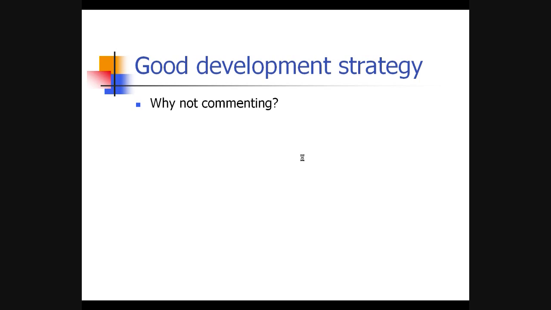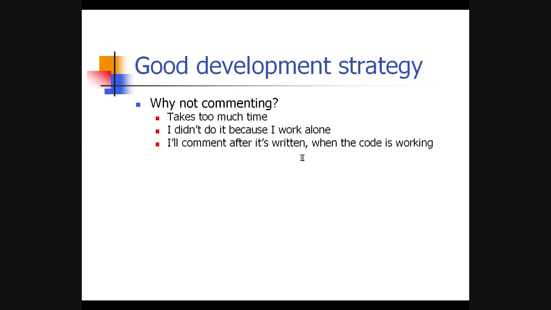Here's a small list. I'm not really good at that, or it takes too much time. Then there is the I didn't do it because I work alone, so there's no point. And of course the infamous and always really good, I'll comment after it's written, when the code is working. Yeah, like that's going to happen. Let's have a look why you should comment.